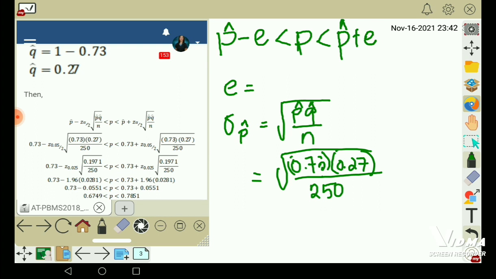Okay, and if we compute this one, we have the following value, that is given by 0.0281.